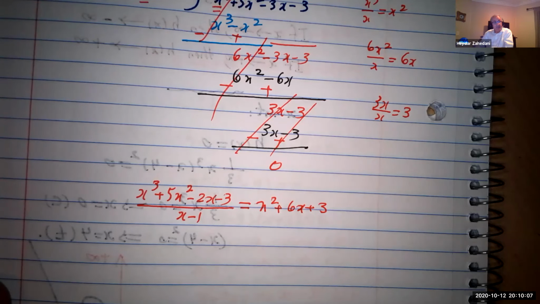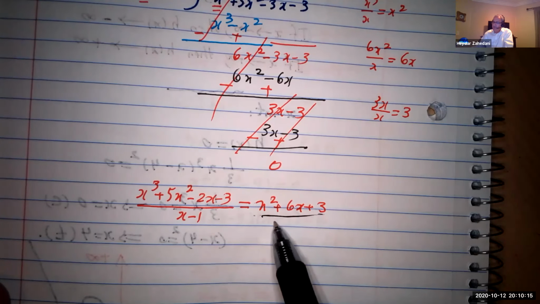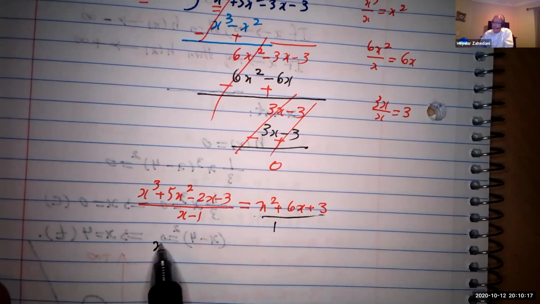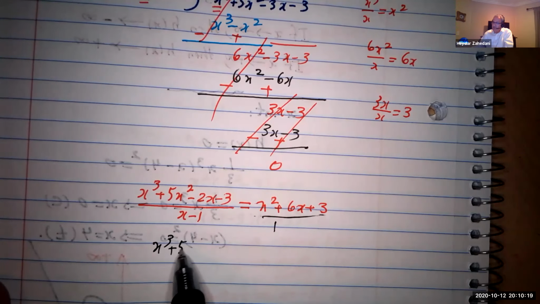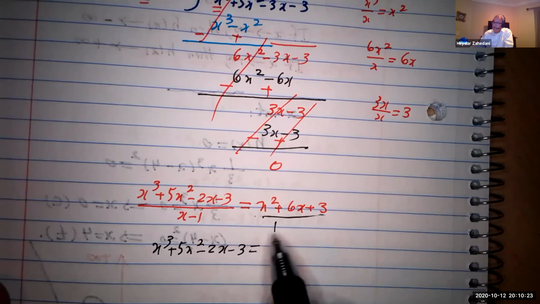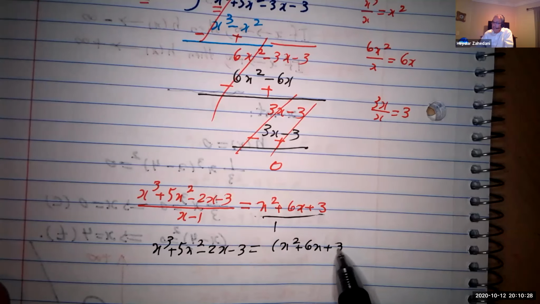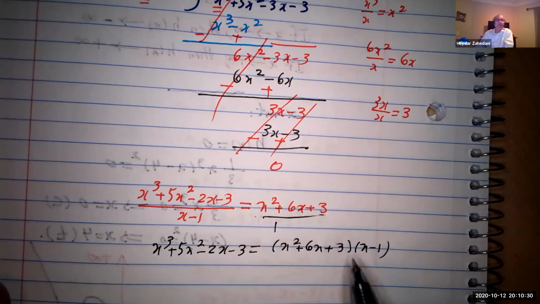Now, what's the advantage of this operation? The advantage is when it's divisible, if you cross multiply, that gives you what? x cubed plus 5x squared minus 3x minus 3, which is going to be x squared plus 6x plus 3 times x minus 1.